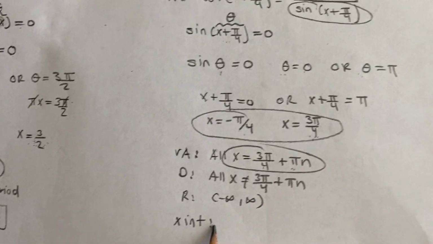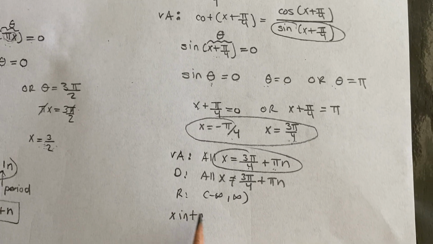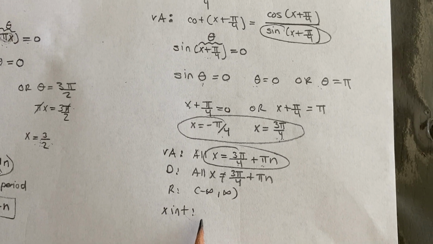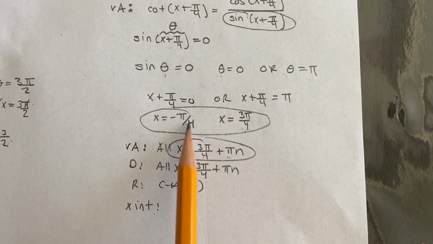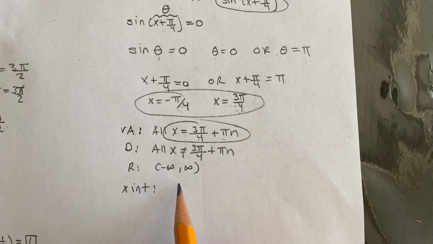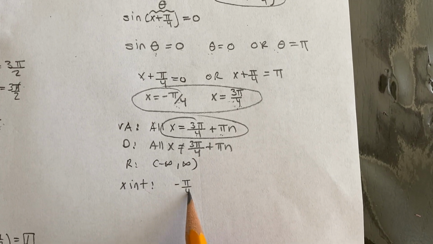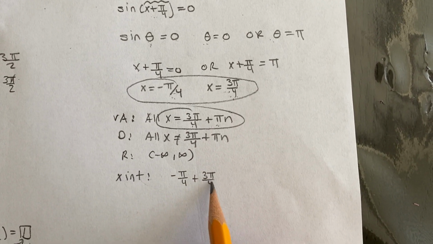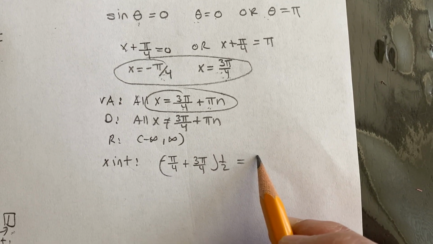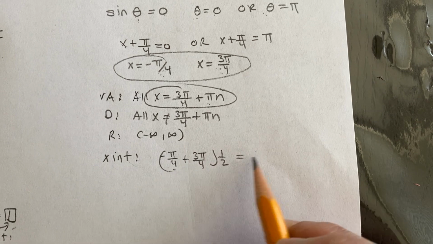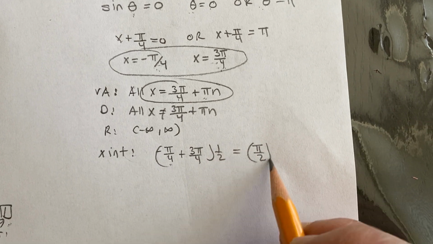Likewise, if I say, hey, give me the first x-intercept, well, I take a look at my first two VAs. I could say, what's the x-intercept between these two values? Or what's the midpoint between these two values? And I calculate it, and I'm going to get 2 pi over 4. This plus this is 2 pi over 4, which is pi over 2, times 1/2.